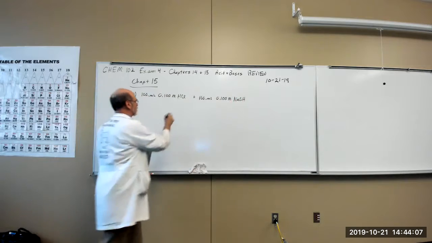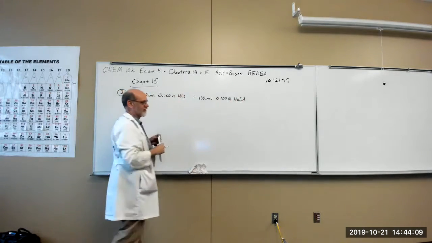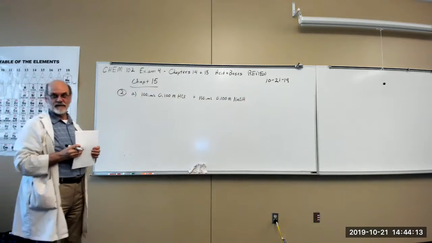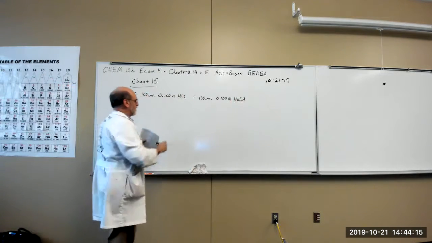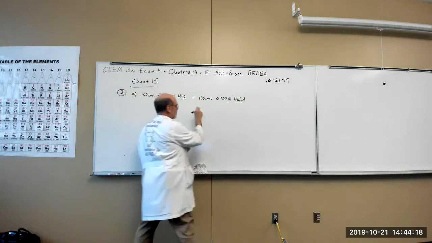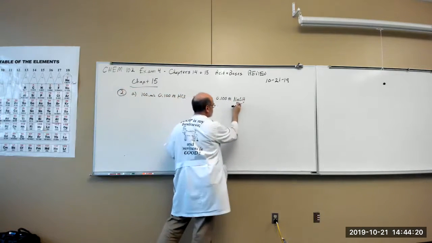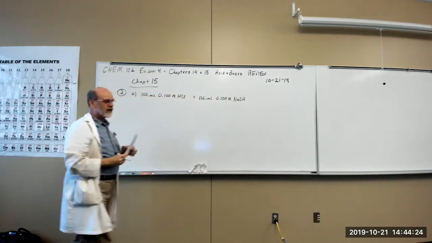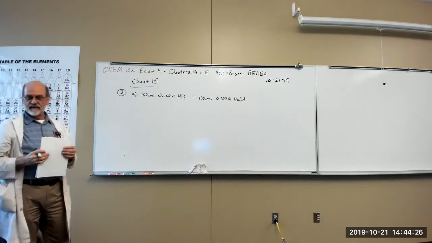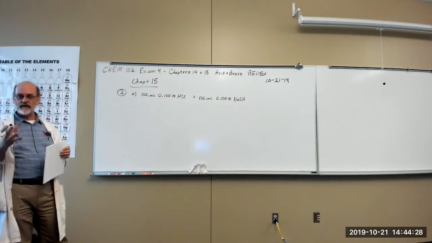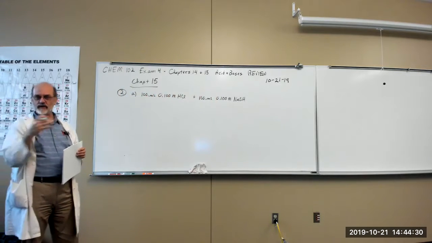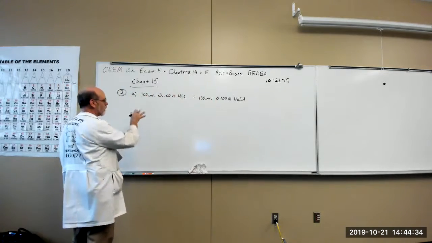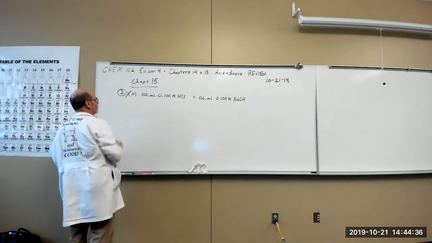What do you get when you add a strong acid to a strong base? You get a neutral solution. This acid is completely dissociated. Sodium hydroxide, completely dissociated. There's nothing in there that will pick up protons if you add them, or hydroxyls if you add them. Right? So that's not a buffer. Strong acid, strong base is not a buffer.